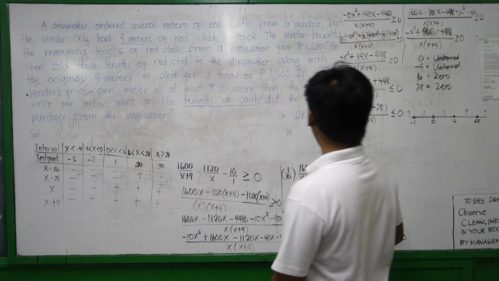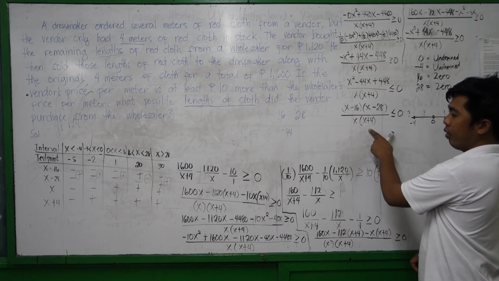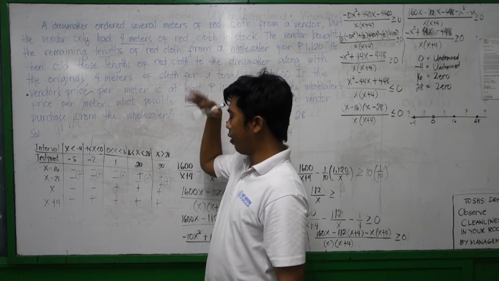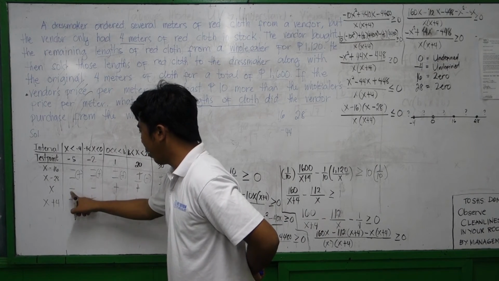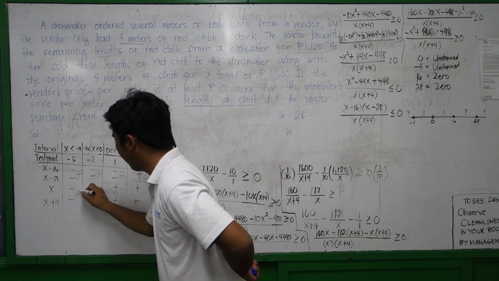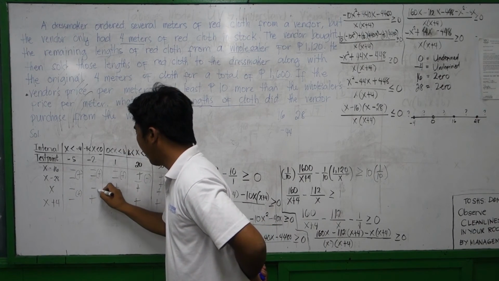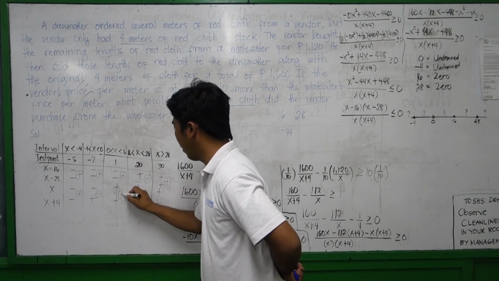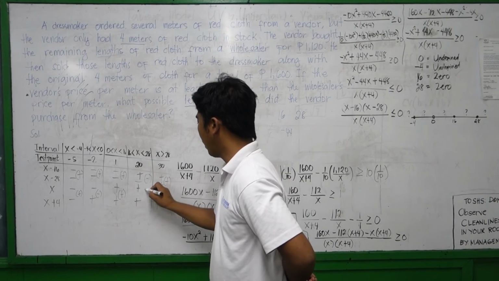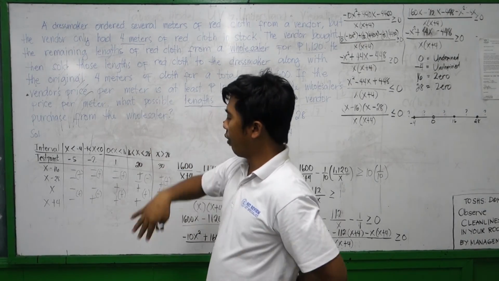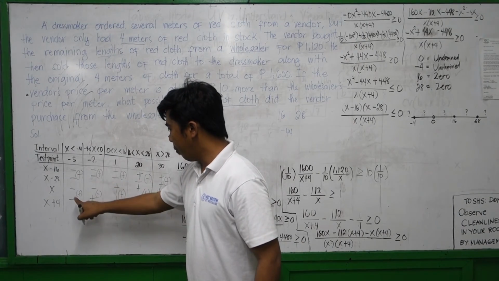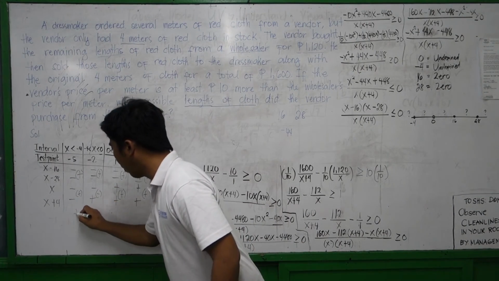Okay. Now next, denominator, atong i-multiply sa una para after that, atong i-divide sa numerator. Okay. Negative times negative, positive. Negative times positive, that's negative. Positive times positive, that is positive. Positive times positive, positive. Dayon, atong i-divide numerator, then divide denominator. Positive divide positive, positive. Okay.